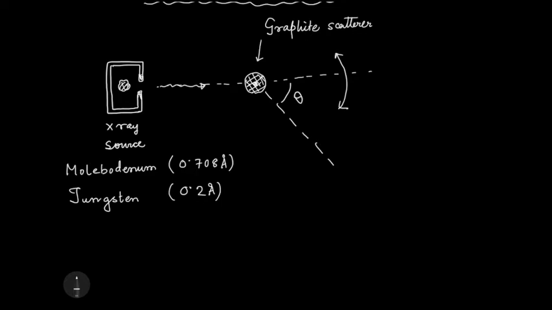I'm keeping it at an angle theta, and as you can imagine, the scattered X-ray will not come only along theta, but will come in all other directions. So you need what is called a collimator, which hides the detectors behind something that will reject all the X-rays going in other directions.